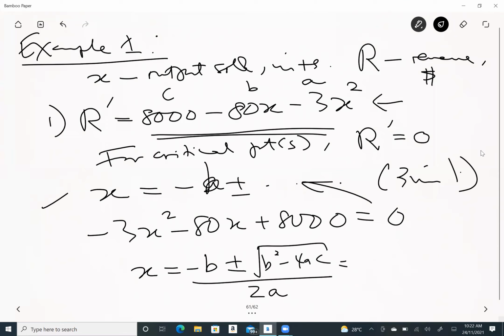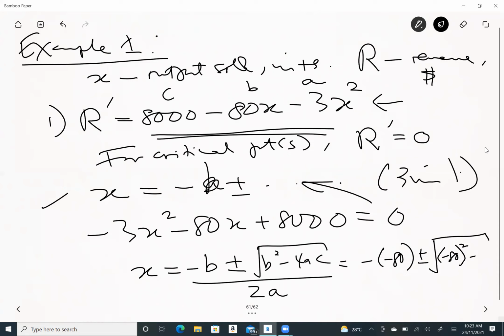Negative b is negative 80, because that is a negative. And then you plus or minus the square root of b squared, so negative 80 squared minus 4ac.